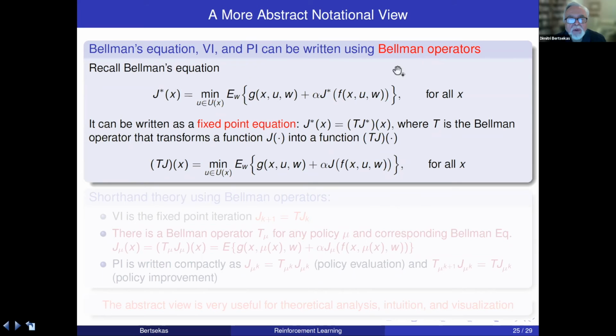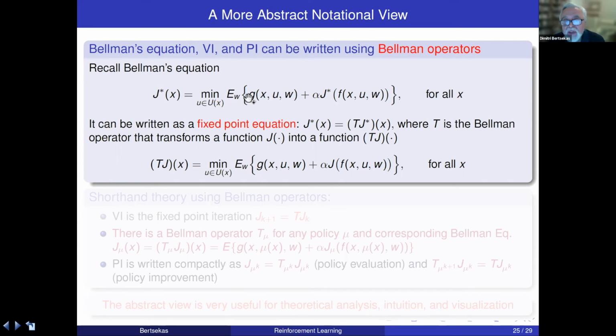Bellman equation has a right-hand side, which is a function, and the left-hand side, which is also a function. So this expression here can be viewed as a map, an operator that takes a function J star and maps it into another function. And the equation says that if you operate with this operator on J star, you'll get just J star again.